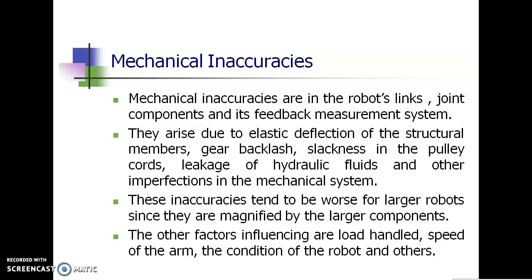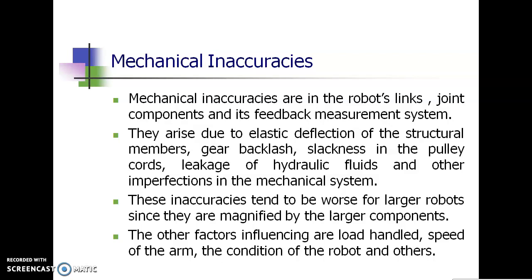It may be the elastic deflection in the physical structure, or any power transmitting device like a gear backlash, or a power transmission like a belt drive, the belt slackness, or a hydraulic drive system, that is leakage of fluids. All these things lead to imperfections, which are called mechanical inaccuracies.